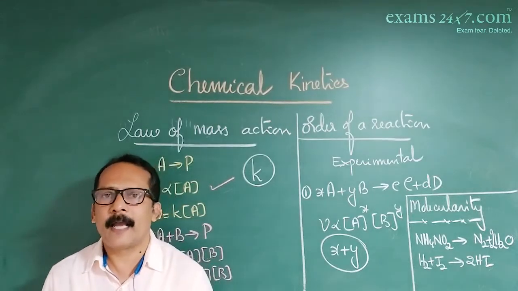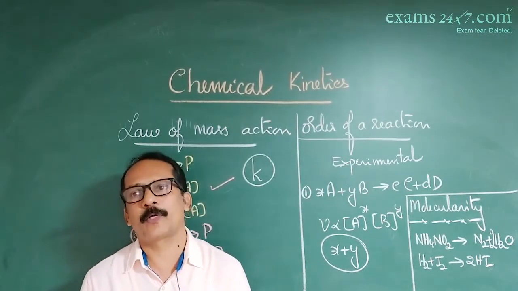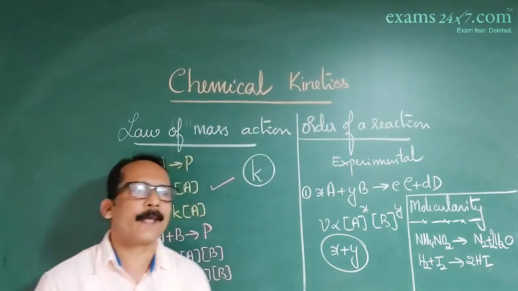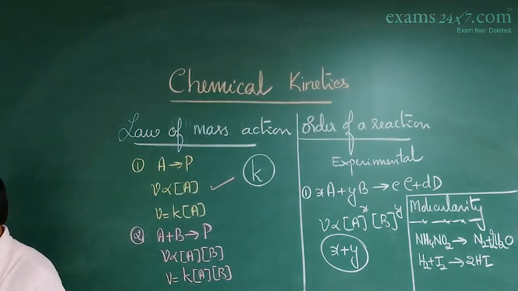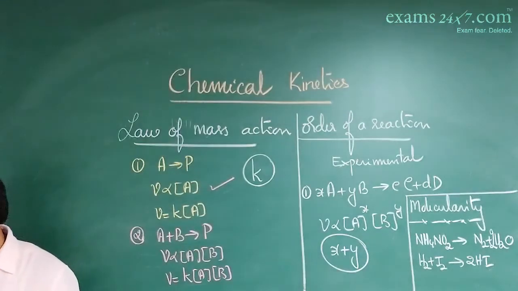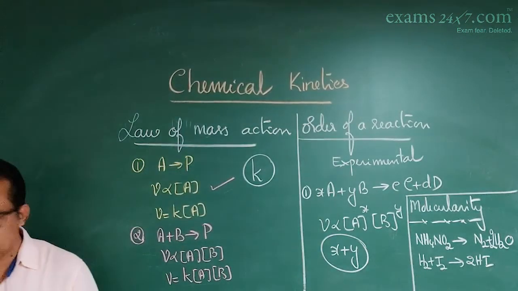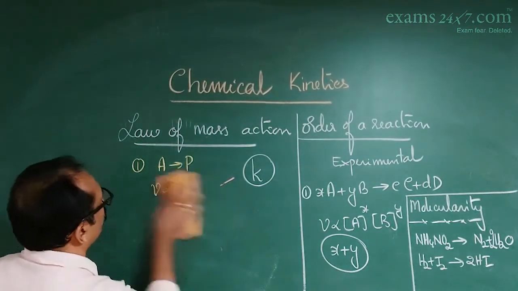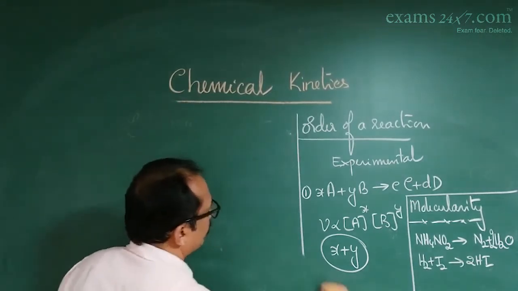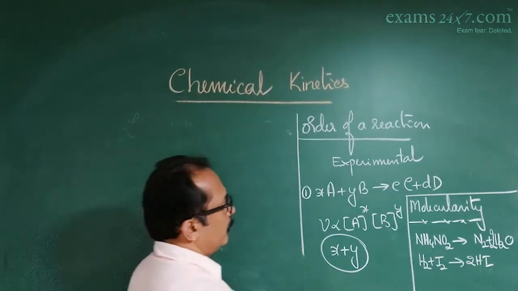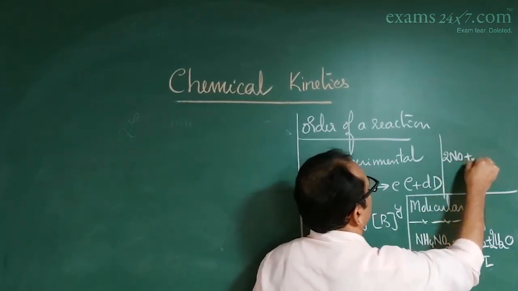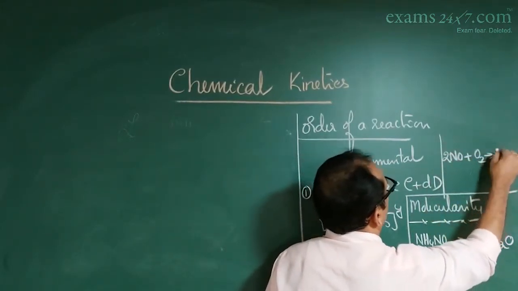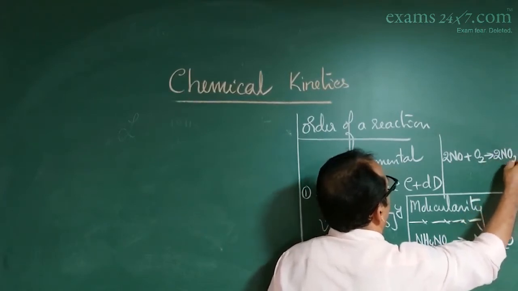Consider the conversion of nitric oxide to nitrogen dioxide, where 2 moles of nitric oxide react with oxygen to give 2NO2. 2NO plus O2 gives 2NO2.